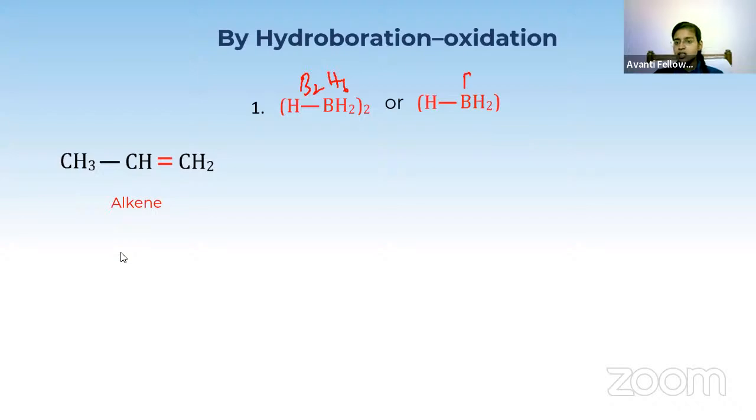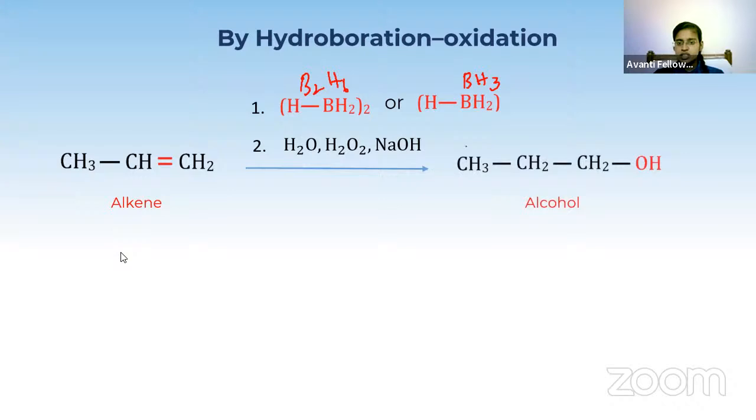The second reagent is hydrogen peroxide and sodium hydroxide. These two are the main reagents. If we use these two reagents, we will end up with an alcohol, and the name of this alcohol is propan-1-ol, 1, 2, 3, right?